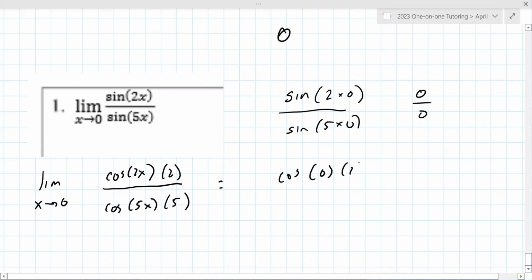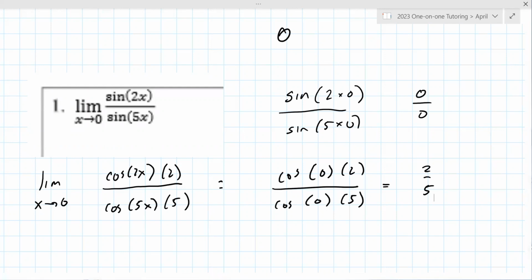Cosine of 0 times 2, cosine of 0 times 5, and you get 2/5. Okay. Any questions on that? Yeah, that makes sense. Okay.